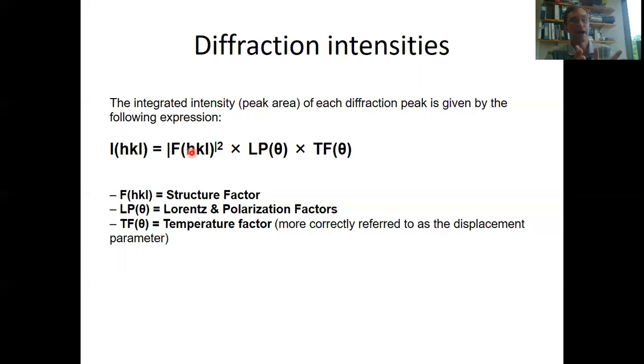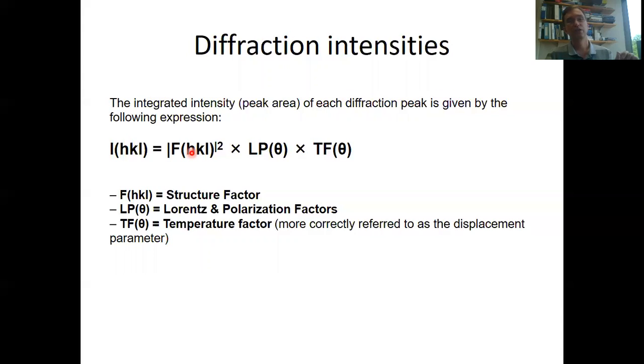Then -2 squared gives 4, and 4 would be our intensity. But the structure factor could also have the value of +2, because +2 squared also gives 4. So this gives rise to a problem which is called the phase problem.